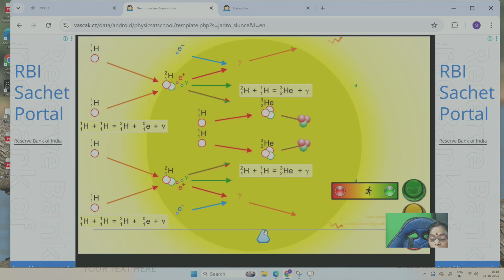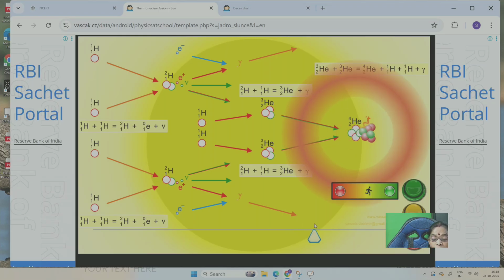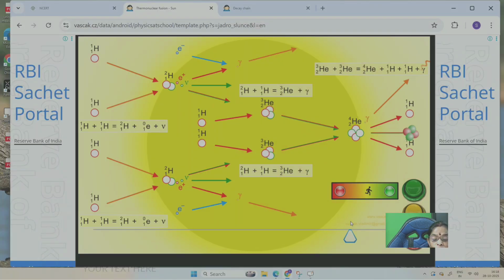Then this helium 2, 3 isotope of helium again forms helium 2, 4 with an enormous amount of energy. Wow. Again what is happening? Helium once formed becomes hydrogen because of the strong gravitational force. Then this process takes place.